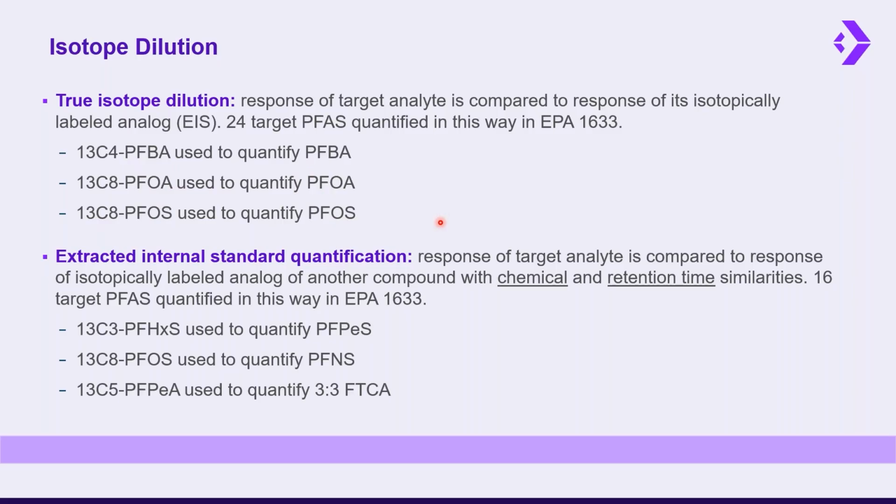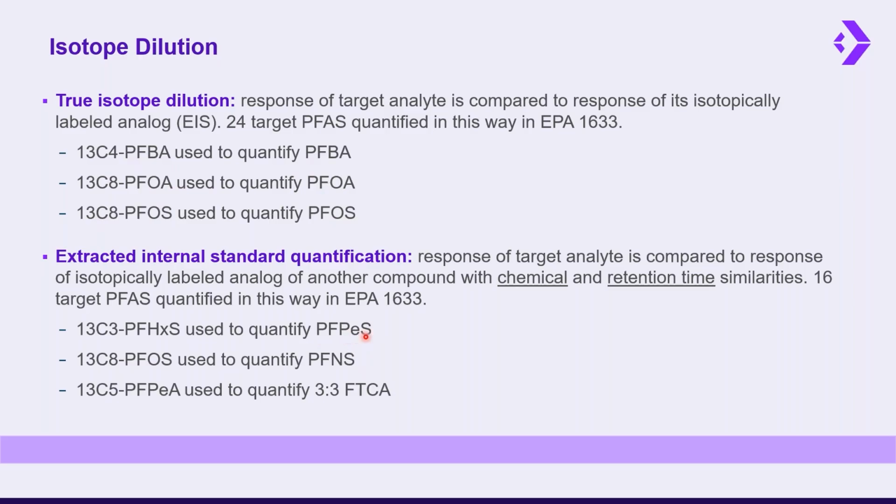And basically, that is because they are just not commercially available. And therefore, these 16 PFAS are quantified with an existing carbon-labeled isotope that's closest in retention time, and most importantly, closest in chemical structure. So you can see a few examples here.